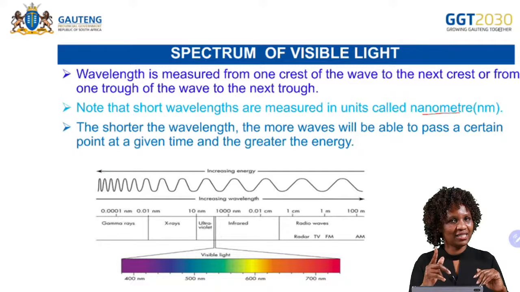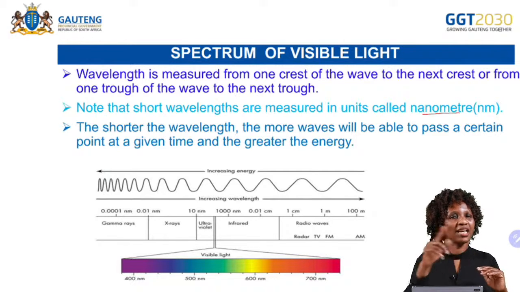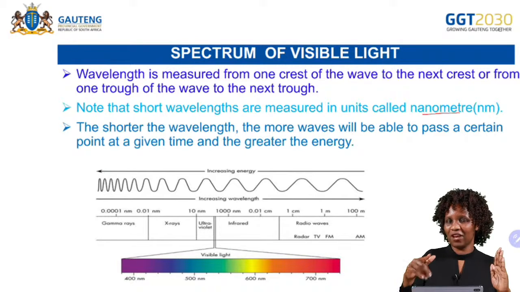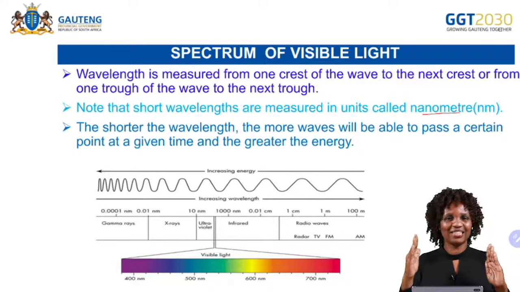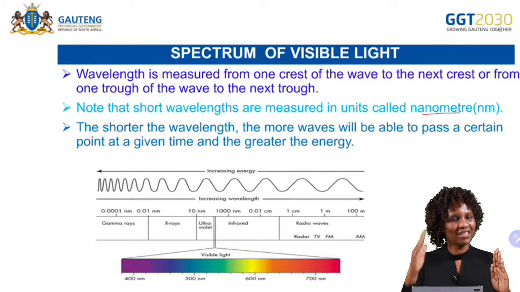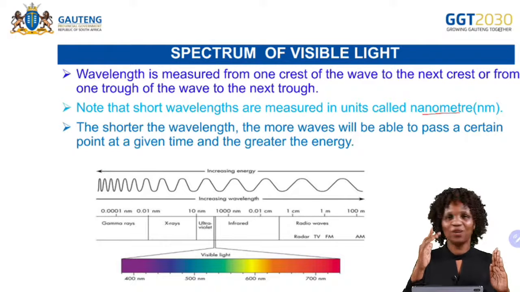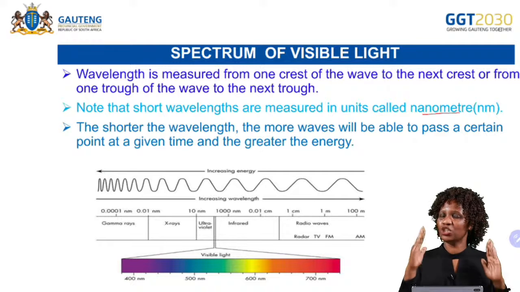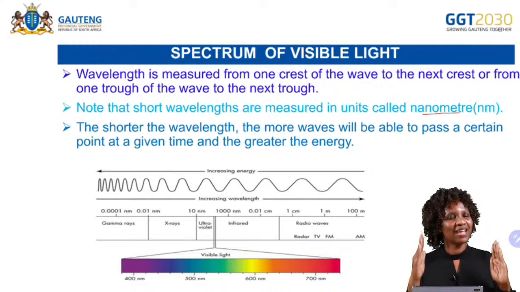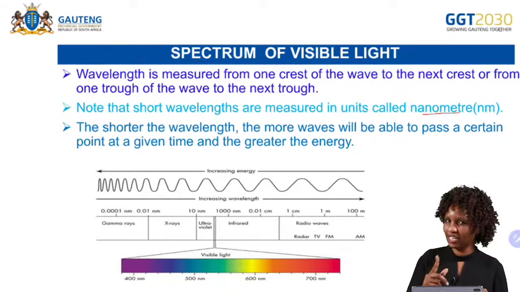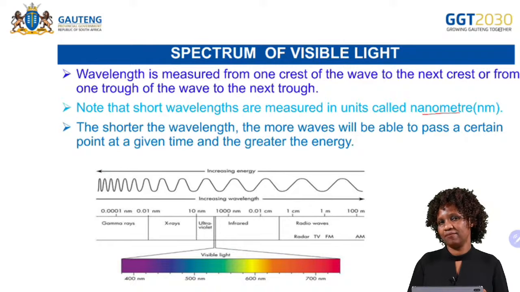Compared to red, red has got the longest wavelength. Therefore, if we compare the violet and the red, red has got the lowest frequency, but the highest what? Wavelength. And the violet has got the shortest wavelength, but the highest frequency. Why? Because of the number of waves that will pass at a certain point at a given time. Do you get that?